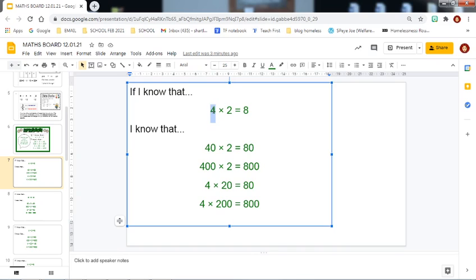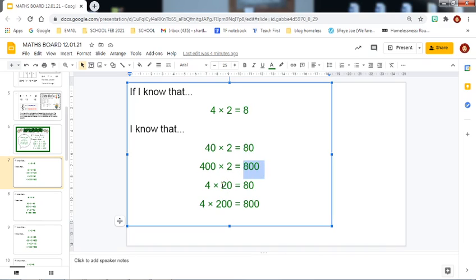So 4, I've made it 10 times greater to 40, made it 10 times greater again, so the 4 tens becomes 4 hundreds. And you will see that each time I make it 10 times greater, for example here I have 8, my answer is also 10 times greater.